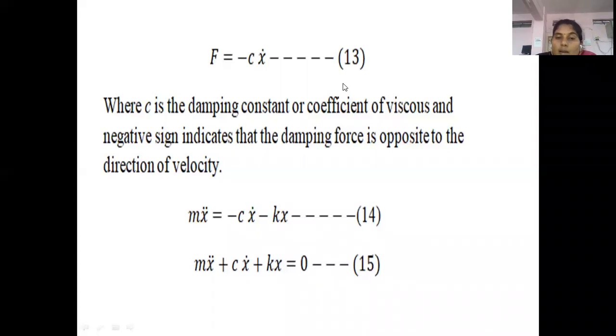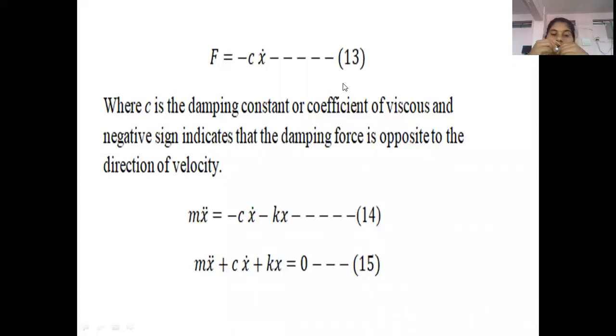Where C is the damping constant, or coefficient of viscous damping, and the negative sign indicates that the damping force is opposite to the direction of velocity.